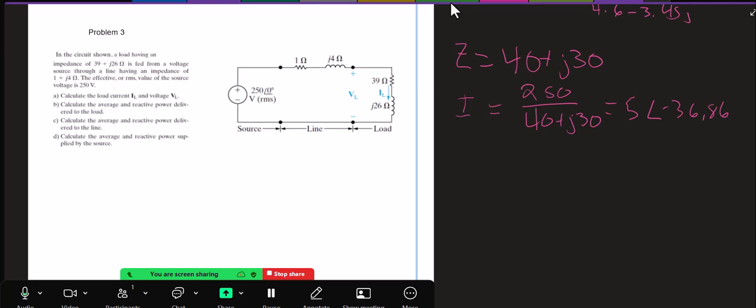How do I get the load voltage? We could do voltage division. That's not how I did it, but I will. It's just as easy. So 250 times 39 plus J26 over 40 plus J30 should equal the load voltage.